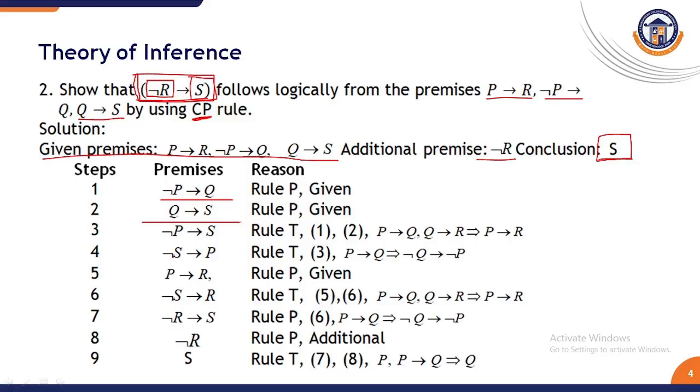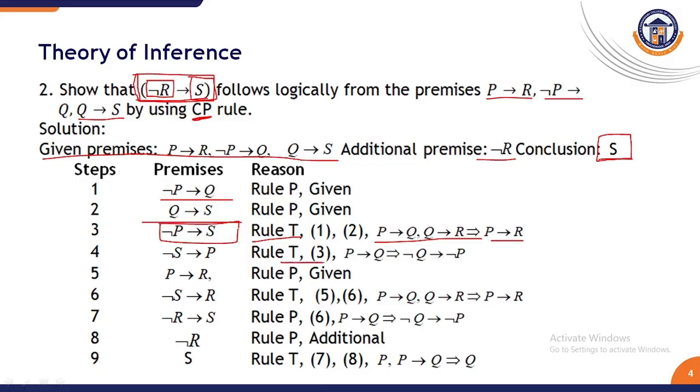That is, the given premises are used. Now apply the rule T. That is the derivation formula for steps 1 and 2. That is hypothetical syllogism. P implies Q and Q implies R is equivalent to P implies R. Therefore, negation P implies Q and Q implies S gives negation P implies S.